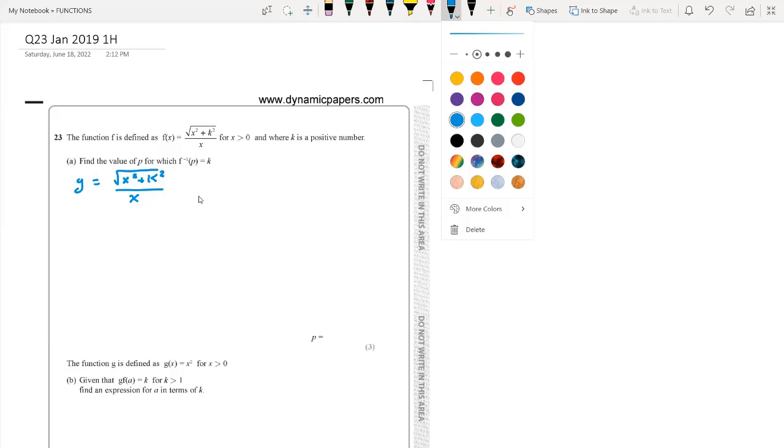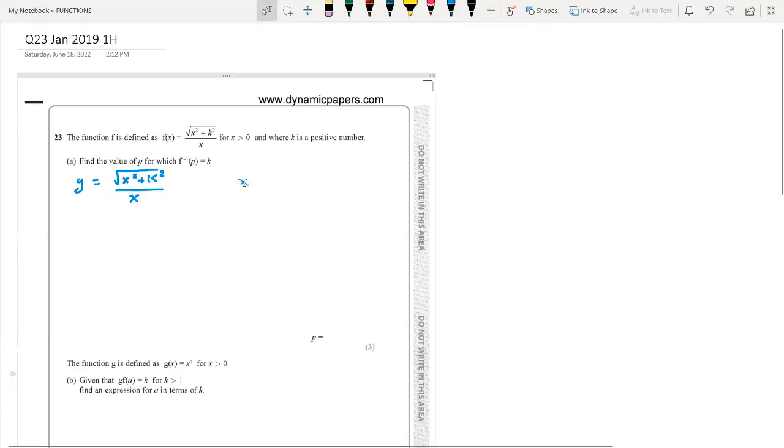The easiest way to find f minus 1 of x is to replace each y by x, and each x by y. So y becomes x, equal to the square root of y squared plus k squared over y.